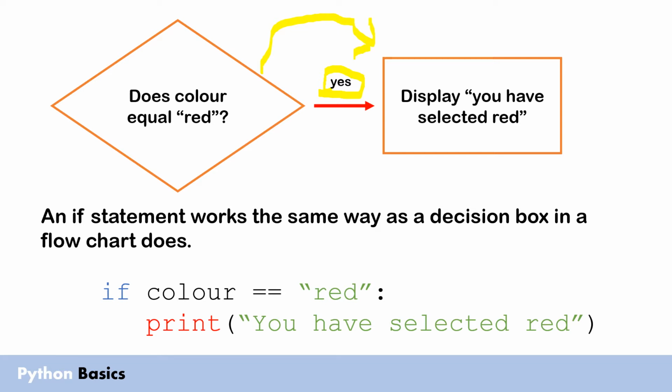So it's going to run the process box here. So does the color equal red? Yes. Display, you have selected red. That's exactly the same as this code. Here I've got my condition, my test, my decision, and if that decision is true or yes, then it runs this code here. So these two are equivalent to each other.